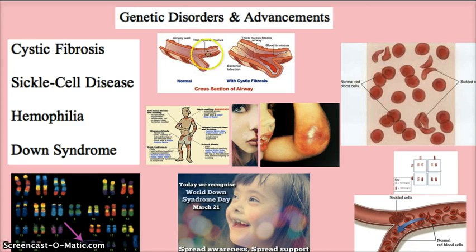Cystic fibrosis is the first one we'll talk about. Cystic fibrosis is where you have a buildup of mucus. You know that you have mucus going down your esophagus, mucus going into your stomach, and cystic fibrosis is a genetic disorder where your body makes a lot of mucus.